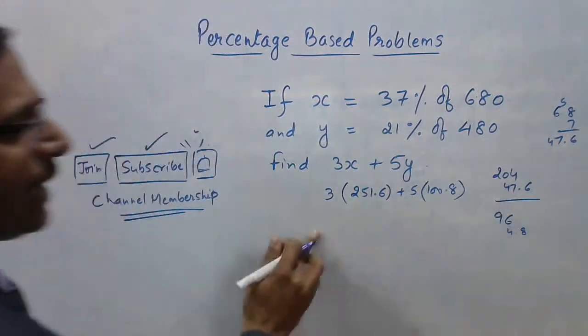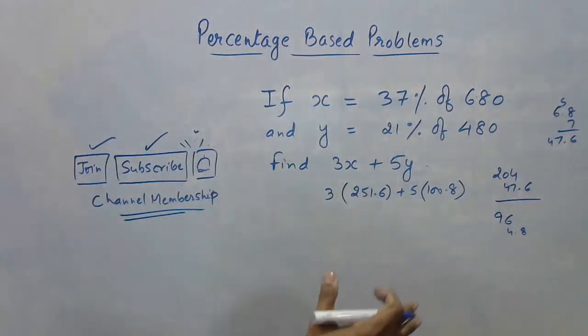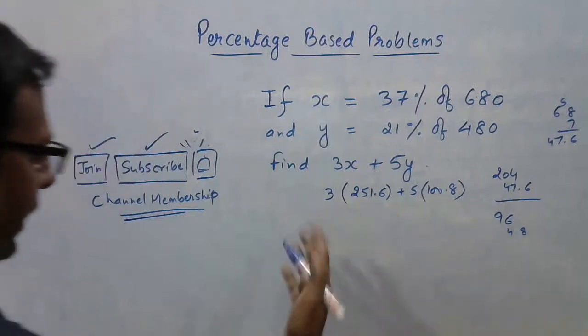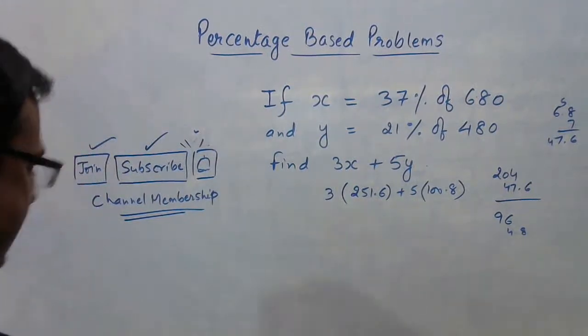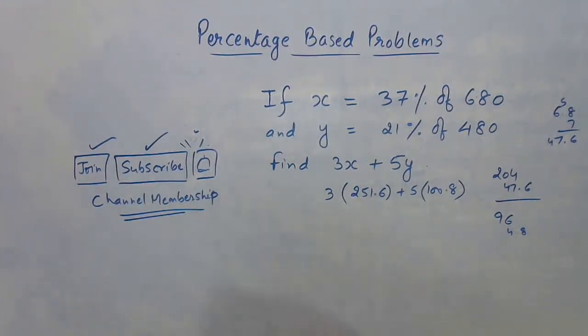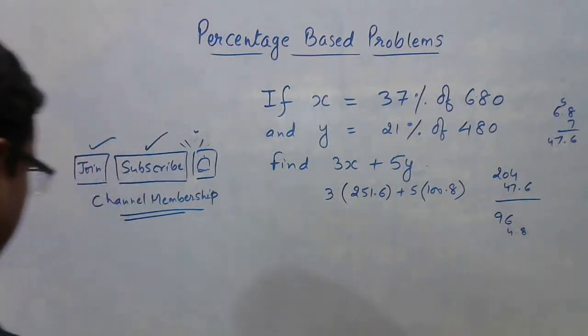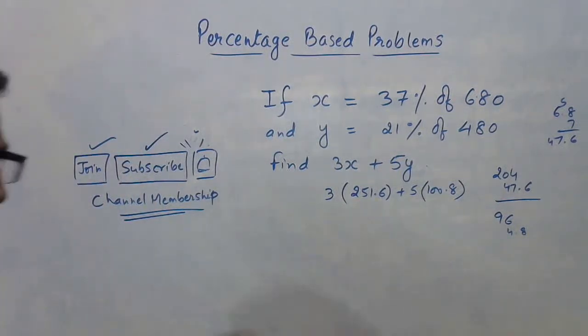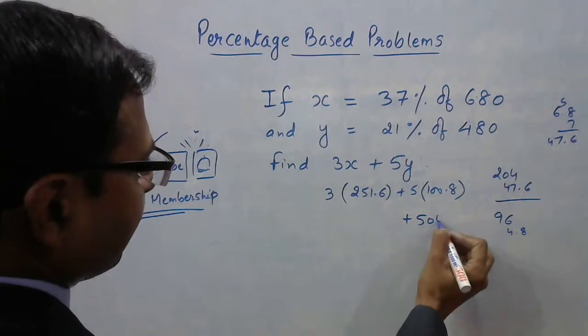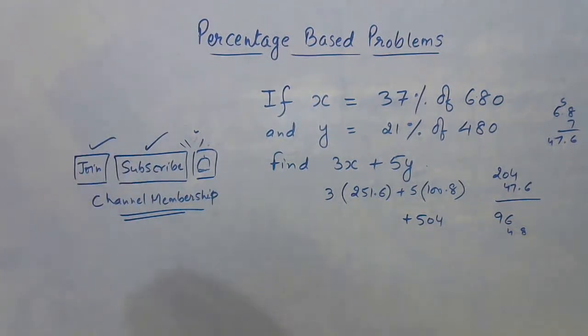Now an easy calculation of decimal addition. You can just multiply them and get to the answer. Very, very easy, and the second one is the easiest one. So multiply this by 5 and you get 504, and multiply 251.6 by 3.